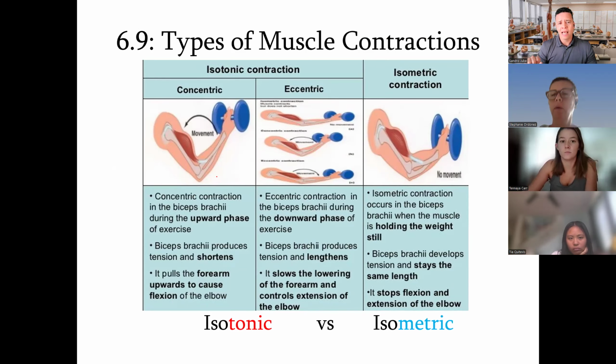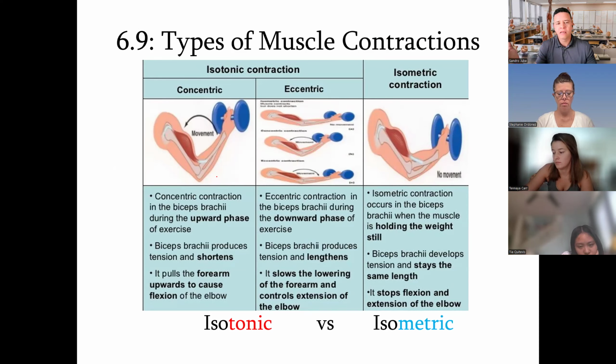We have what we call the isotonic contraction, and we have what is called an isometric contraction. Within the isotonic, it can be concentric or eccentric. And what is the difference between the 2? Again, you might have heard it before, but you don't fully understand what they do. How are they different? So let's understand that once and for all.